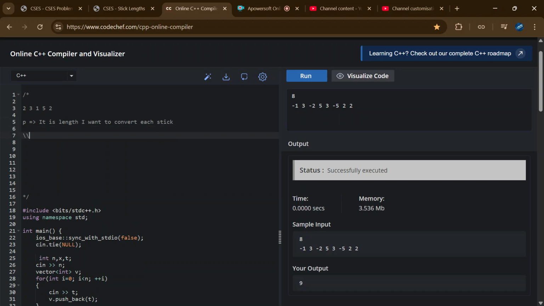I would say mod of 2 minus p, plus mod of 3 minus p, plus mod of 1 minus p, plus mod of 5 minus p, plus mod of 2 minus p.